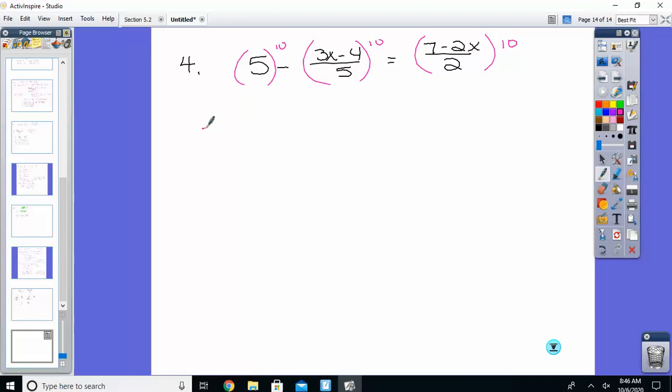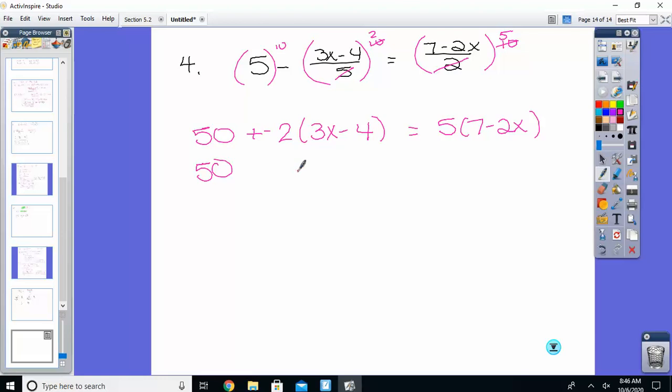So 5 times 10 will give me a 50, minus 10 divided by 5 is 2. So you have a 2 times the 3x minus 4. 10 divided by 2, so 5 times the 7 minus 2x. This is like a negative 2 that you have to distribute. So that gives you a negative 6x and a positive 8.